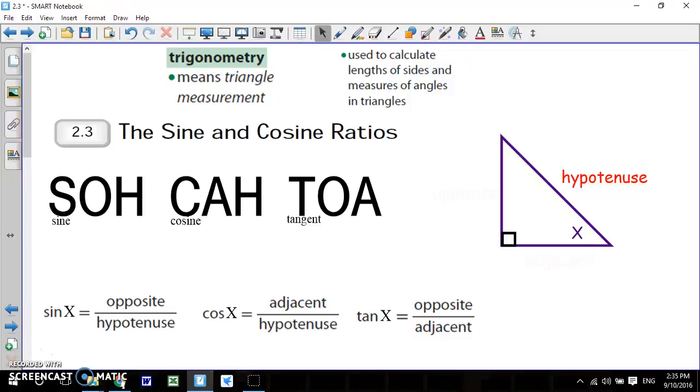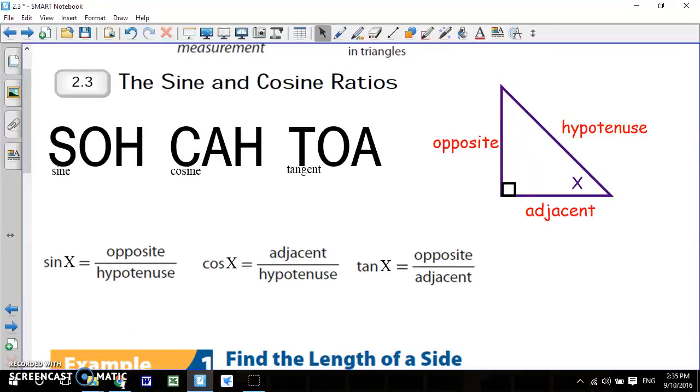If I fix an acute angle, call it angle X, the side across from angle X is your opposite side, and the side next to angle X is the adjacent side. When we talk about trigonometry, you want to remember SOHCAHTOA.